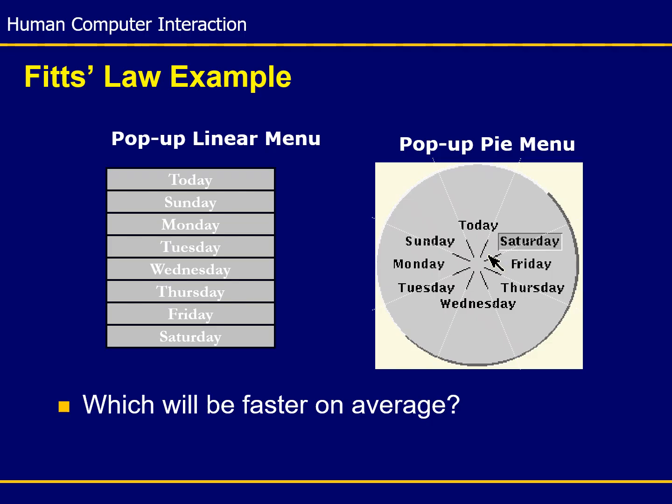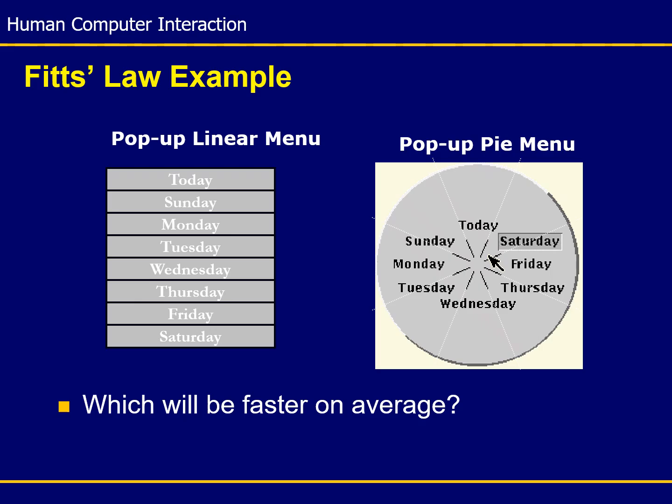What you are accustomed to is the menu that appears on the left, which is called a linear menu. This is like when you open the File menu or the Edit menu and so on. Now, let's employ our knowledge of Fitts' law. What we know is that the menu always appears to the bottom right of the cursor. So when you click on File, you get this menu displayed below the word File.